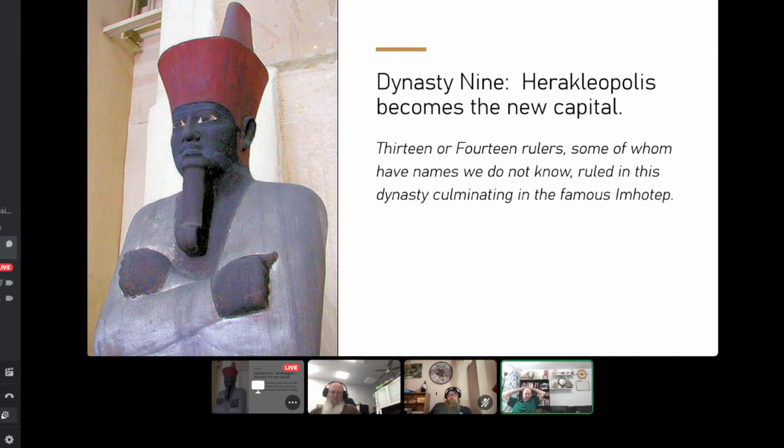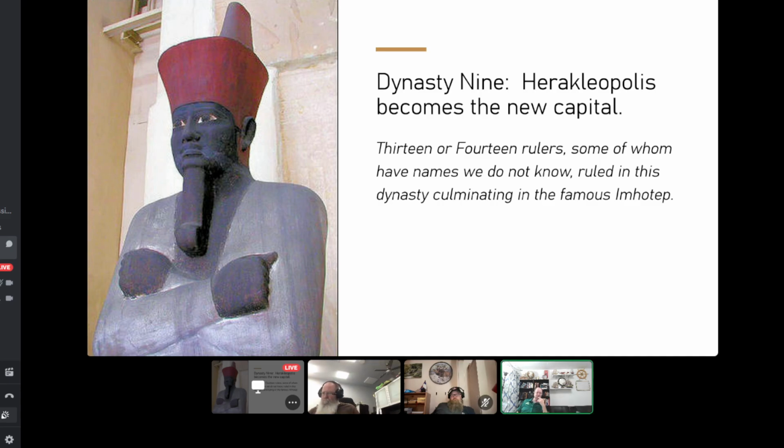Some interesting things. The later document known as the Ipuwer Papyrus, which is actually titled The Lamentations or Admonitions of Ipuwer by Ipuwer himself. Many people actually think that the time period that he's writing about was this Dark Ages period known as the First Intermediate period.